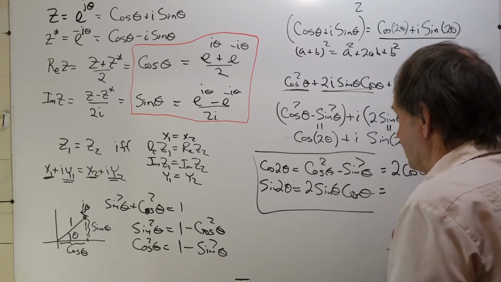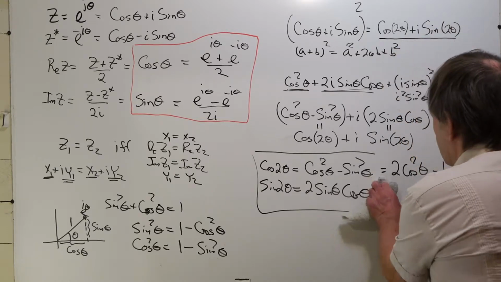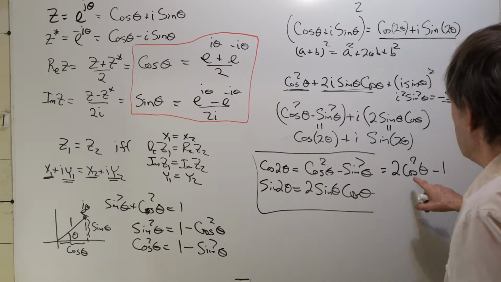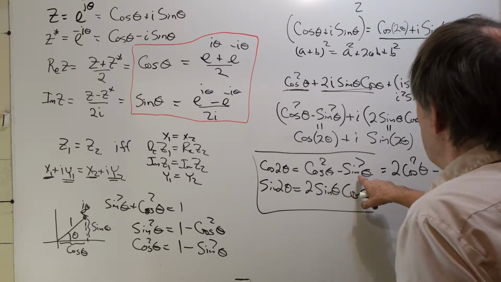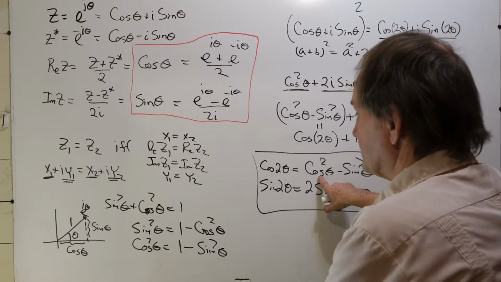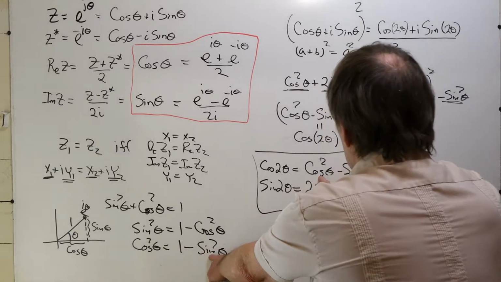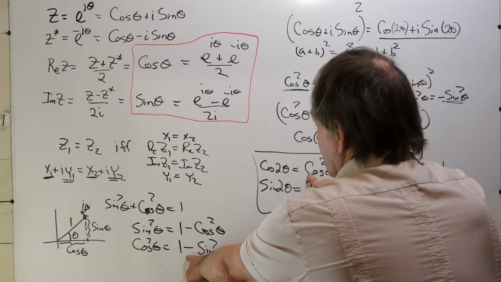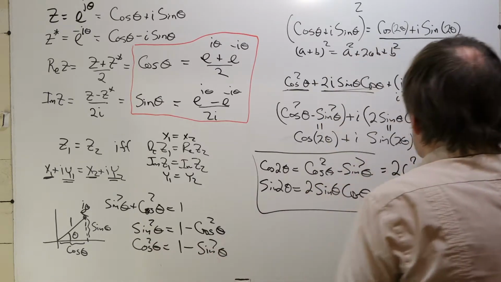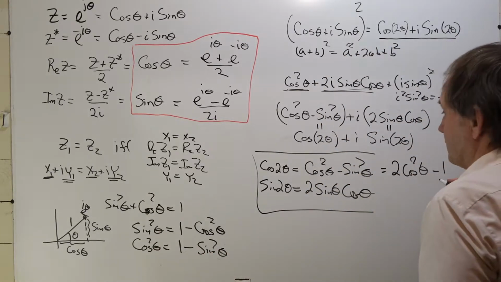That's one way we can write it. And another way we can write it is substitute in for cosine in terms of sine. So if I've got 1 minus sine squared for cosine squared, this is 1 minus twice the sine squared.